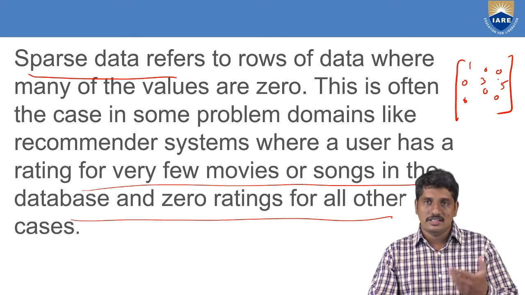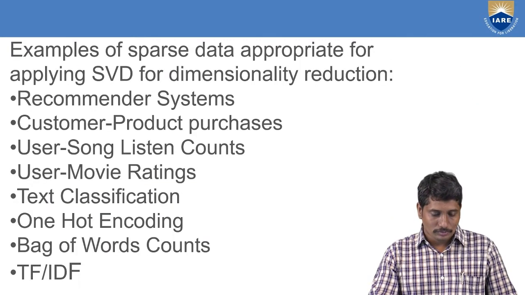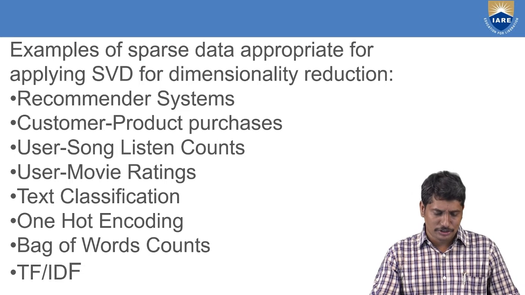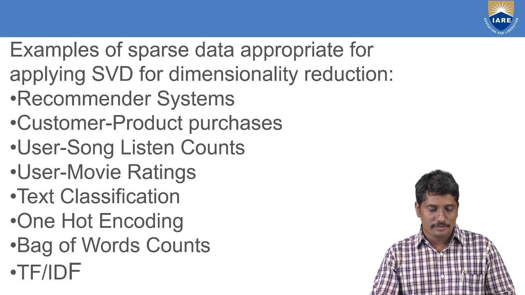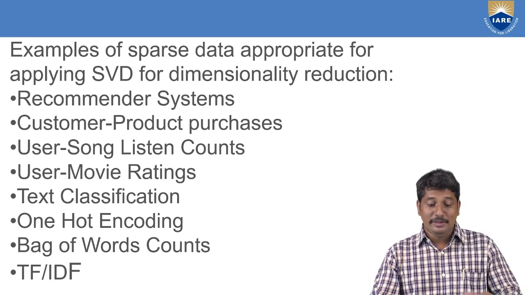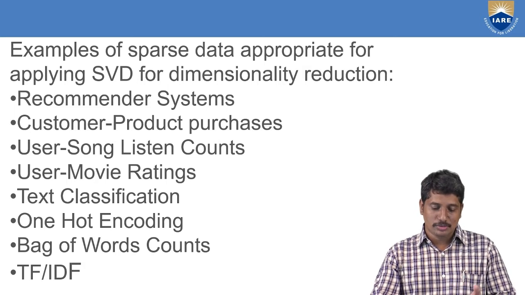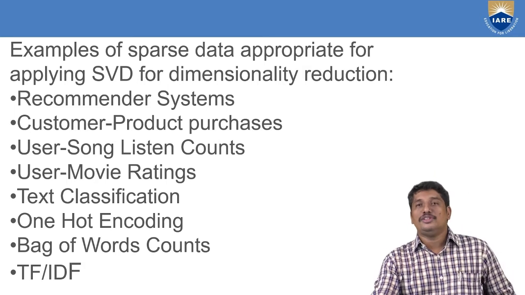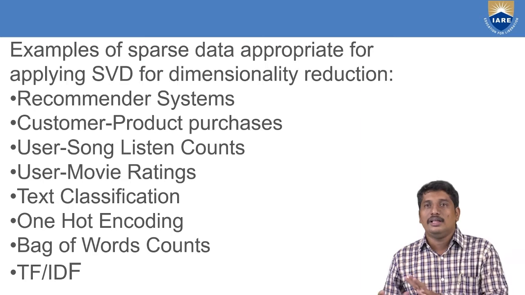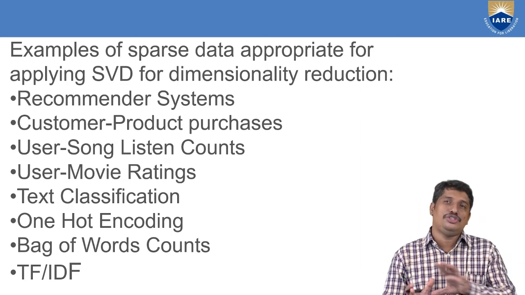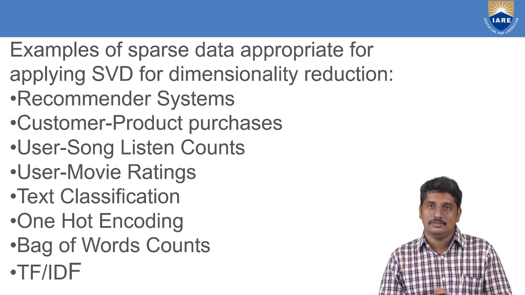So you can see applications of sparse data improvisations by using SVD: recommendation systems, customer product purchase. When you go to Amazon or Flipkart, they automatically bring forth the things you are most interested in.